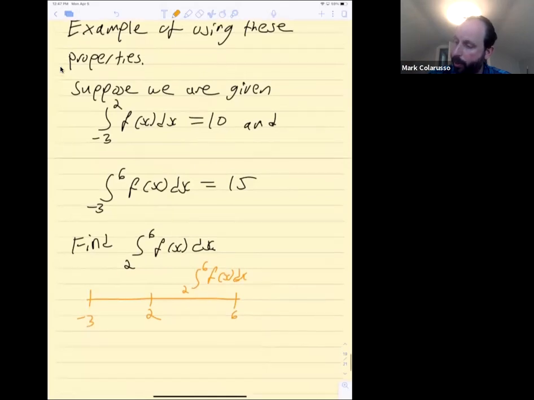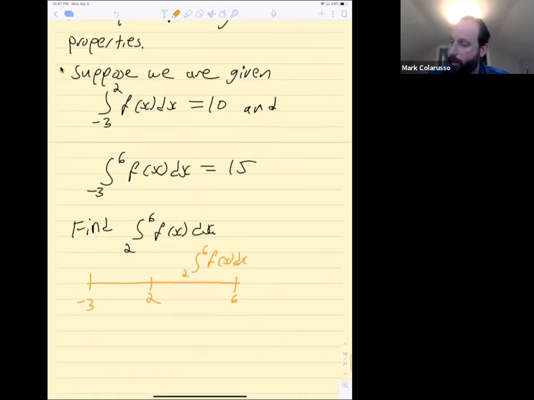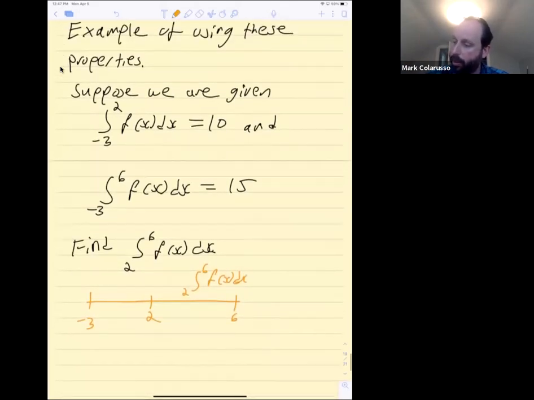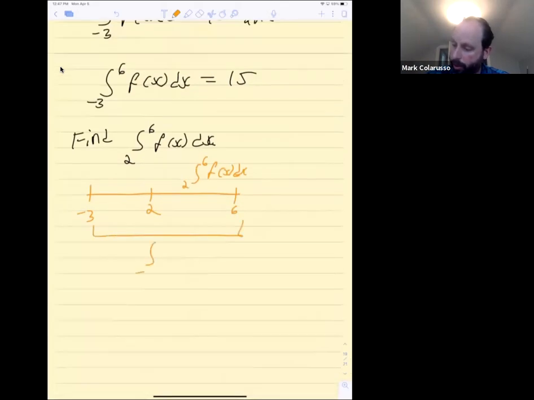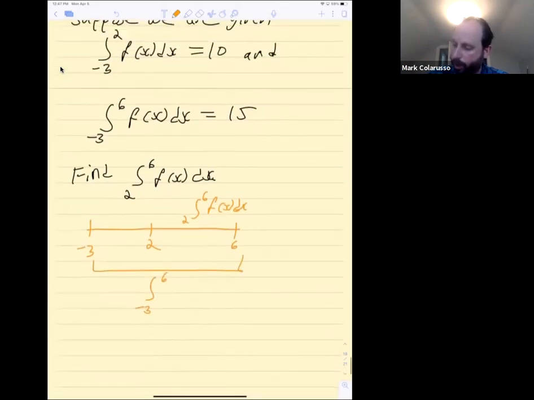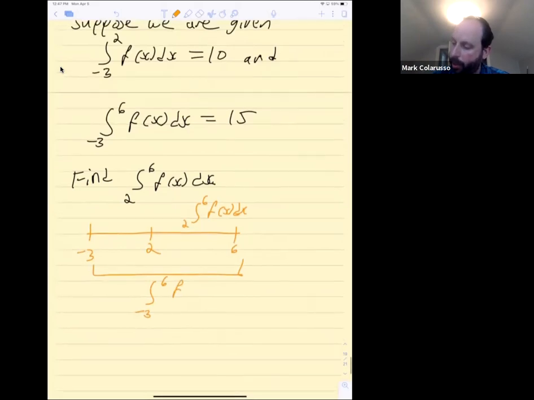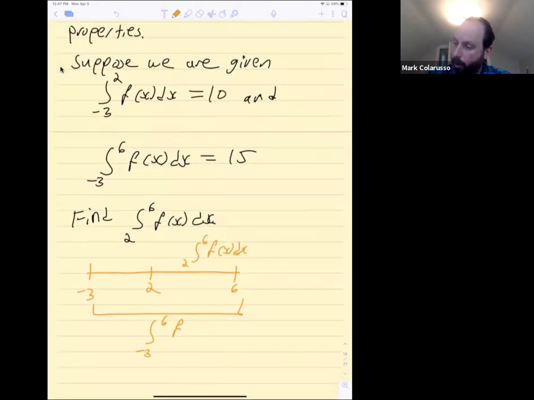So we know this integral, and I can put the f here. Okay, so we know that integral. And we know also the integral from -3 to 2. Okay, and so this is the unknown thing.